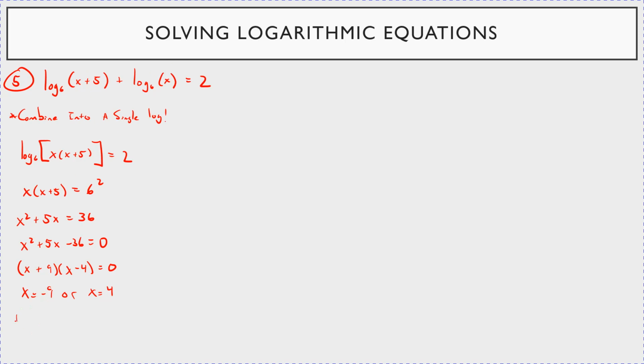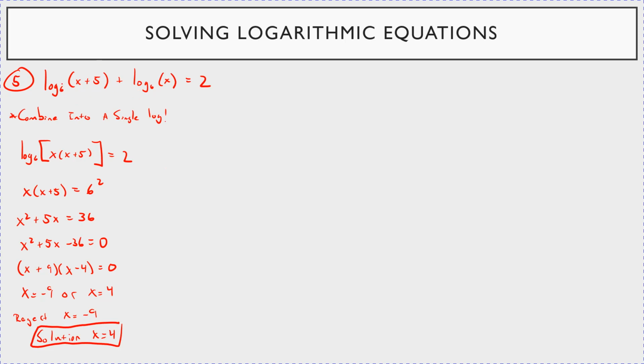So you have to reject x is equal to -9. You can't have a negative in the log. So the solution is just this one solution, that x is equal to 4.